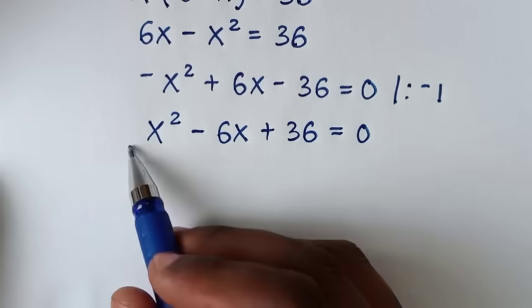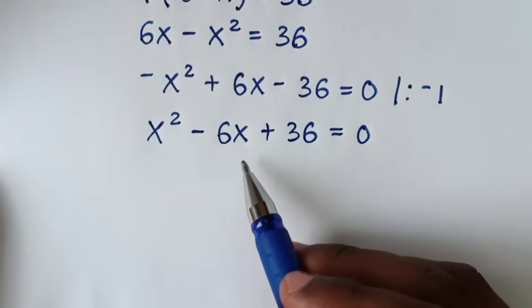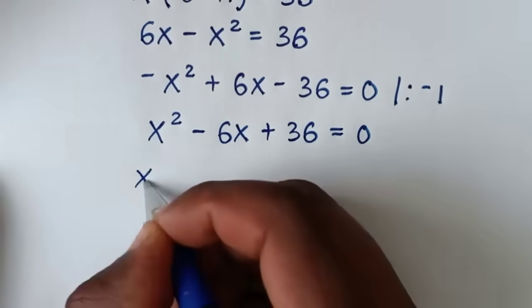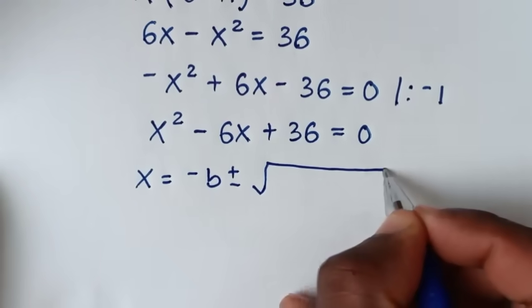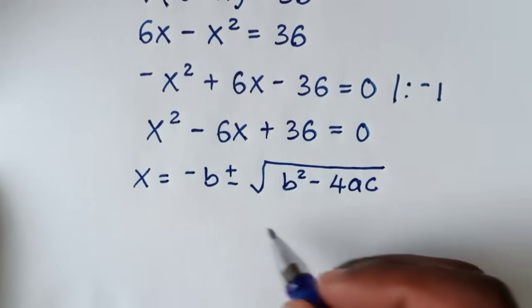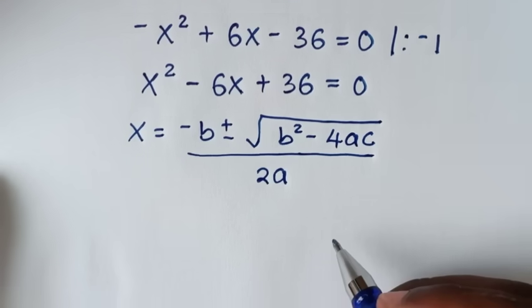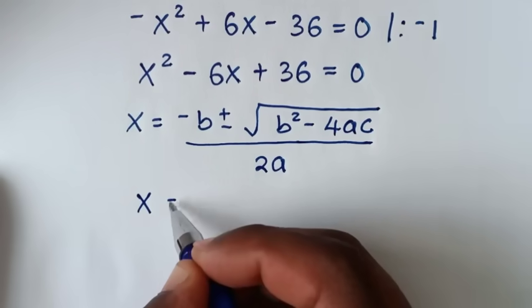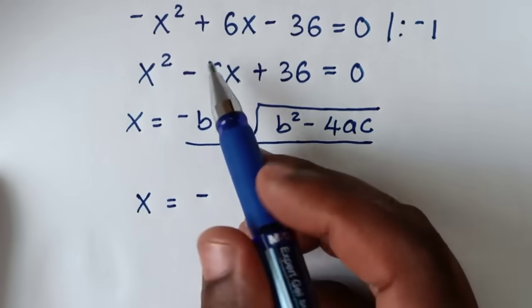Then from this quadratic equation, to find the values of x, we will use the quadratic formula. From the quadratic formula, x is equal to negative b plus or minus square root of b squared minus 4ac, over 2a. Then x is equal to negative b, where b is the coefficient of x, which is negative 6.